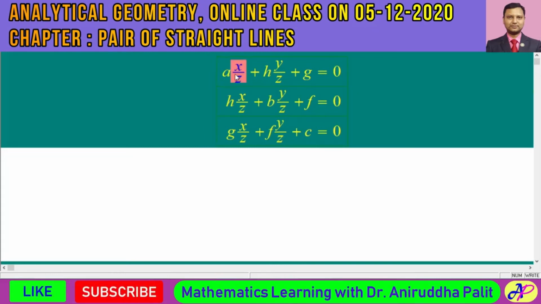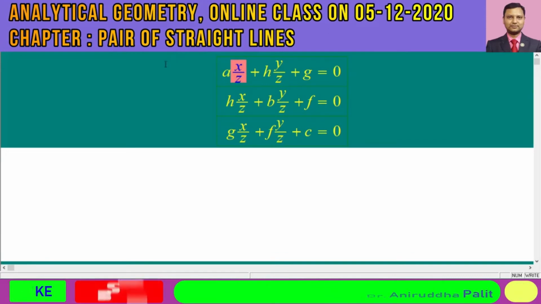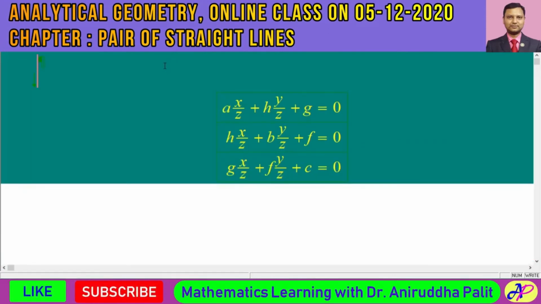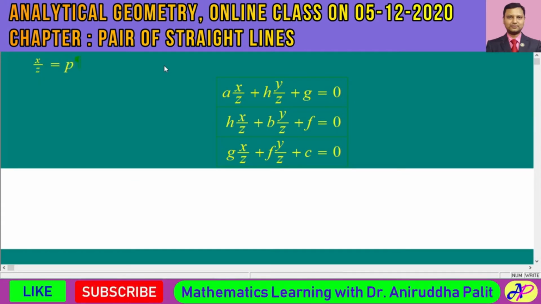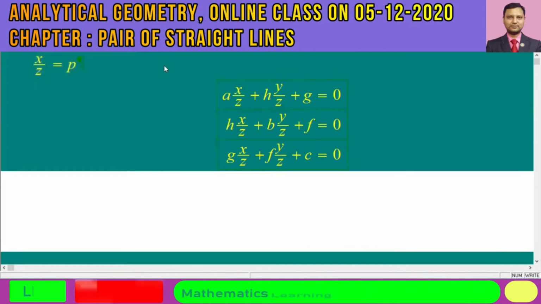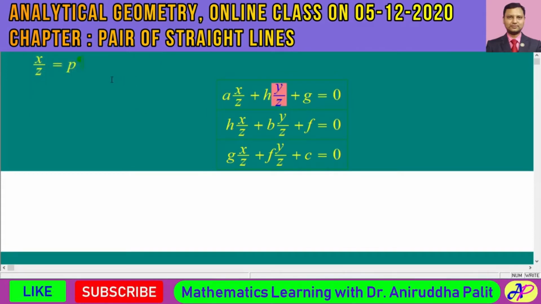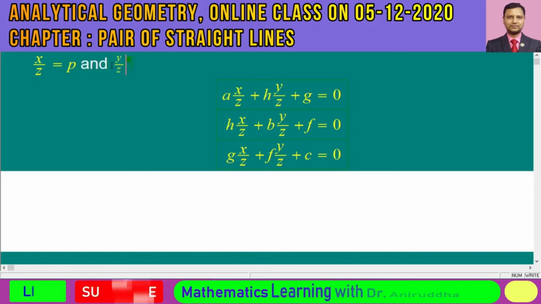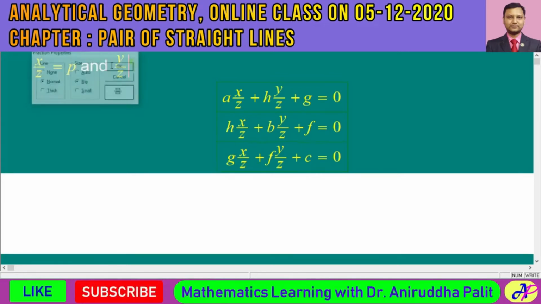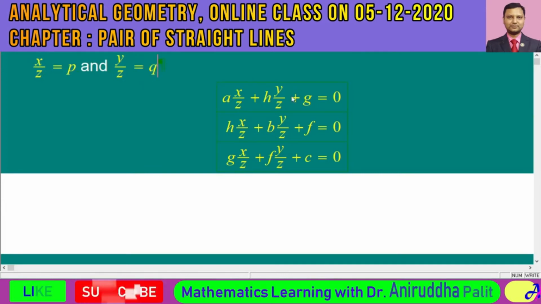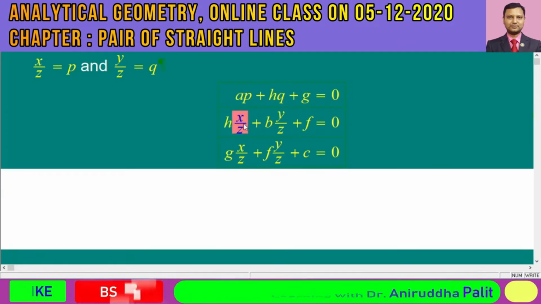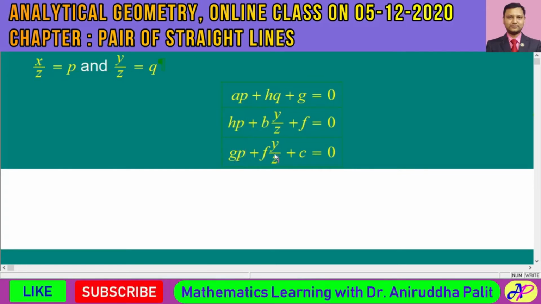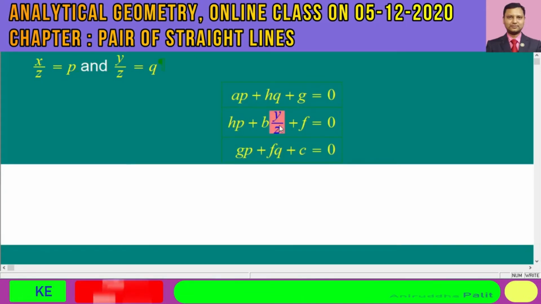Now, suppose that x by z is equal to p, and y by z is equal to q. In that case we will be able to write this expression in the form of p and q. This is P, this is P, this is Q, this is Q.